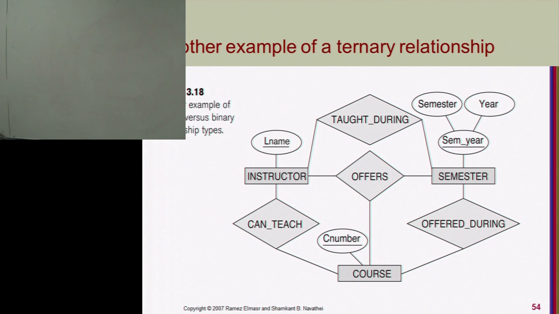It's composed of many parts. Two parts here. So we have many relationships connecting the three entity types together. I gave you this as homework.